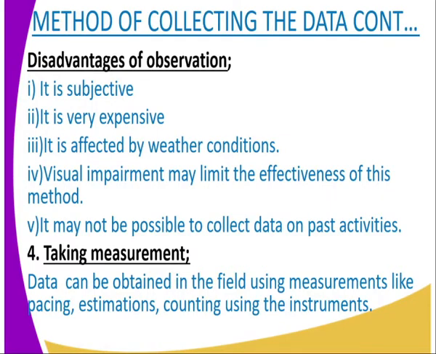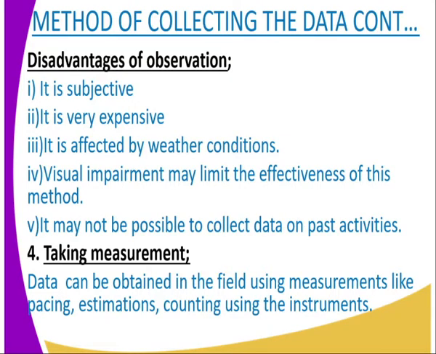So in case the weather becomes poor, you cannot collect the data. Number four, visual impairment may limit the effectiveness of this method. With color brightness, short-sighted or long-sighted people don't get the right information. And number five, it may not be possible to collect data on past activities.